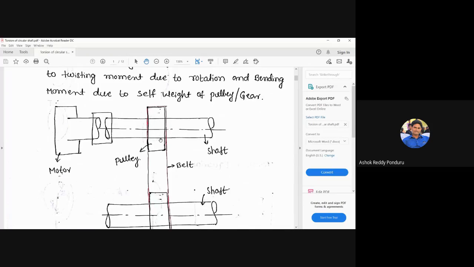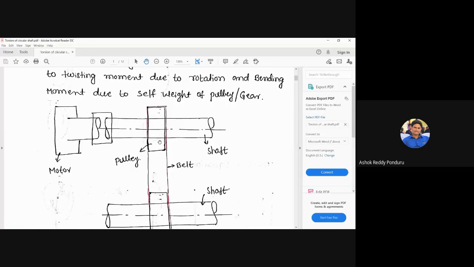Suppose, for example, instead of a belt there is a chain, and instead of pulleys there are sprockets. Let us see in bicycles or motorcycles, generally we are using chain drives. Then the self weight of this sprocket is acting as a transverse load.